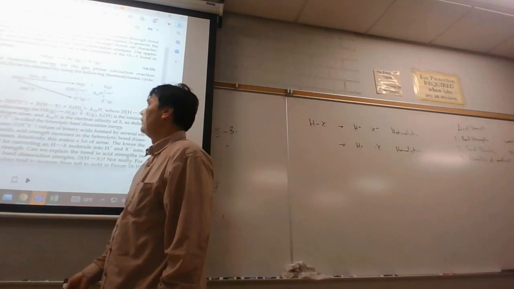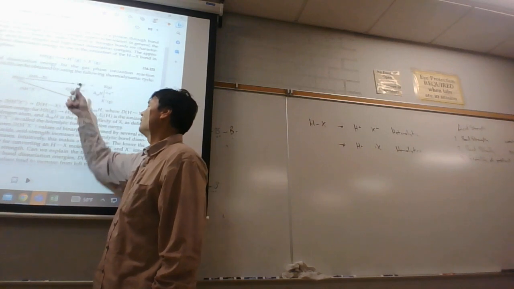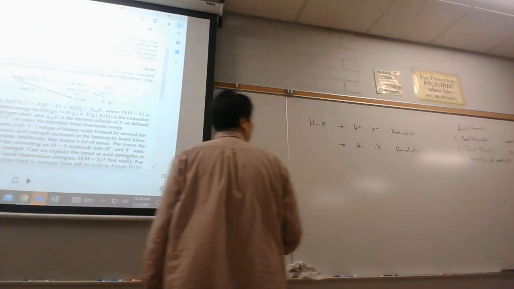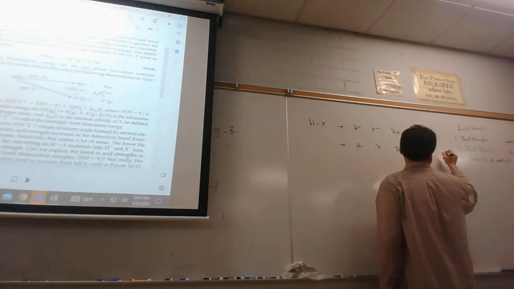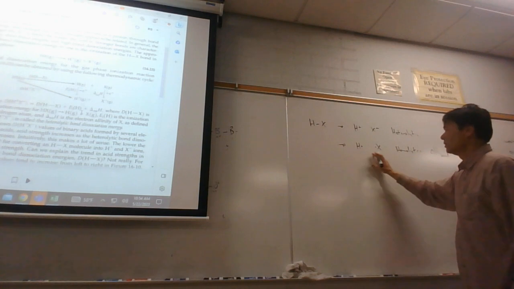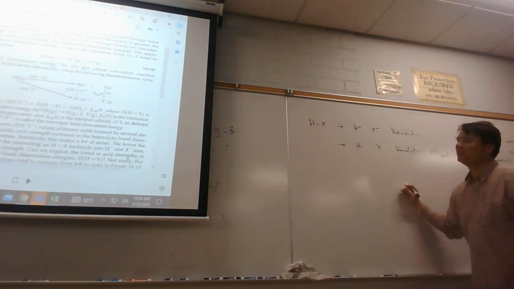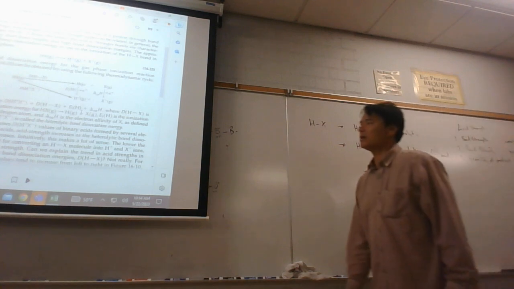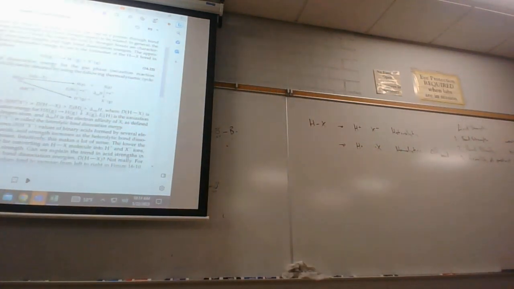When we look at the bond enthalpies, the bond enthalpies are for homolytic. This is for bond dissociation energies. And so if we want the heterolytic energy, we have to do a little bit of Hess's law. Not only that, these are for gas phase, so it complicates things a bit too.